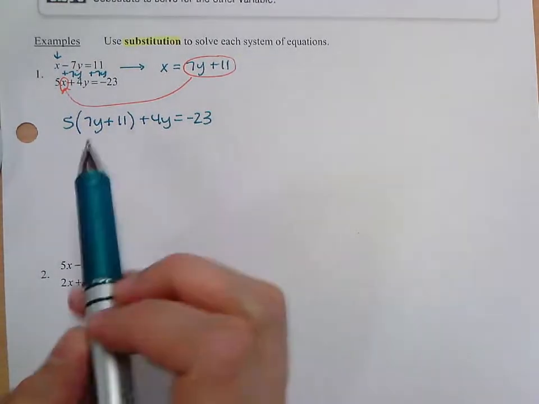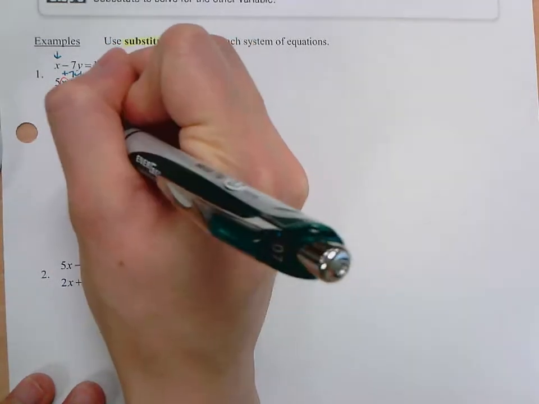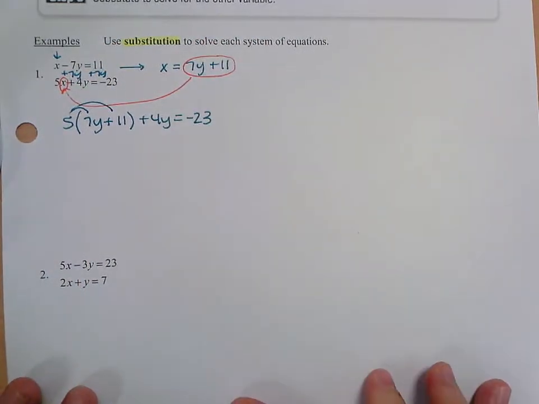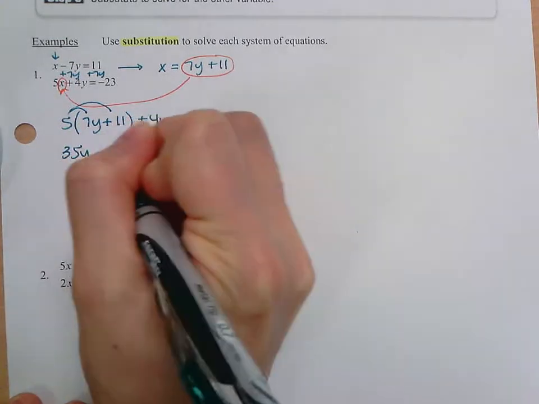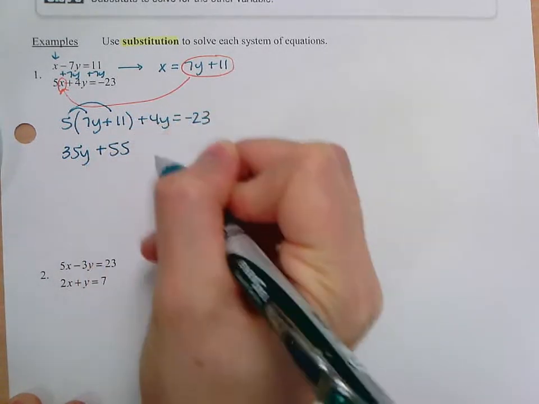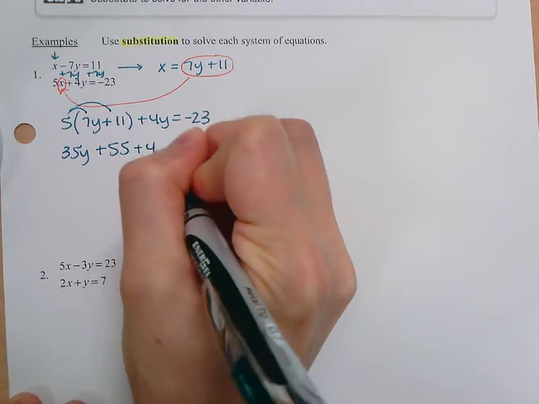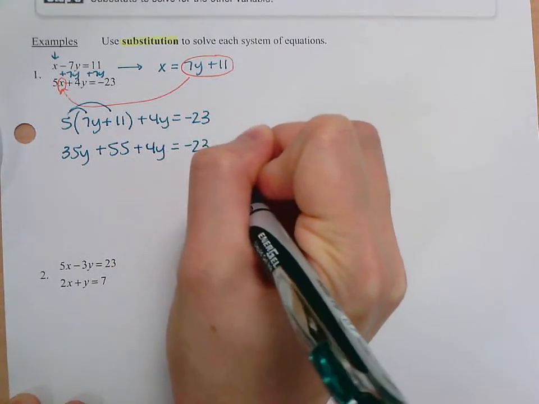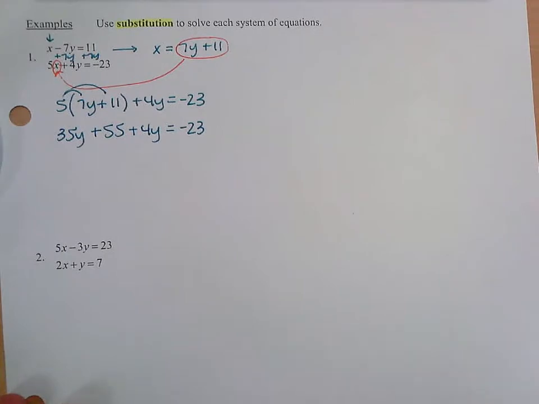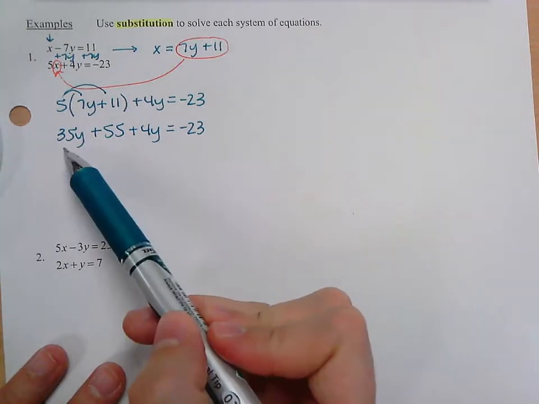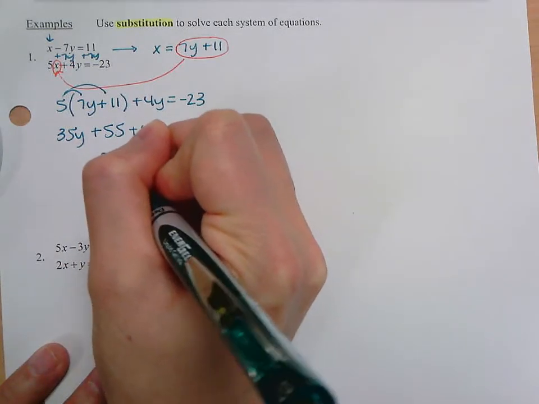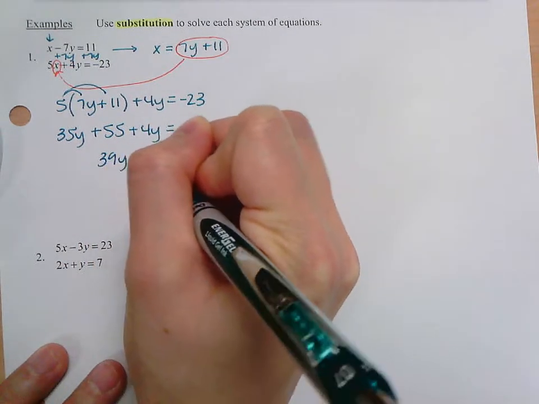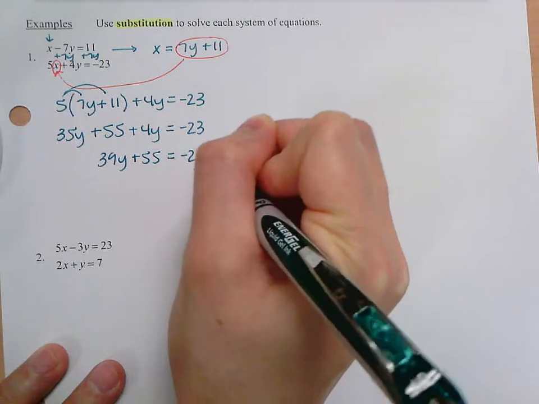So from here, to solve for y, simplify this left side. So I'll distribute the 5. That would give me 35y plus 55. Then I still have plus 4y equals -23. And I would combine my like terms. So 35y and 4y, I have 39y plus 55 equals -23.